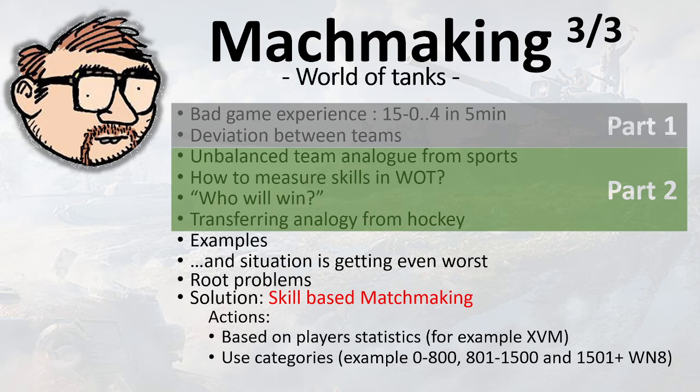Why is it so, what is the idea? The idea is that, for example, under the 800 value, the player is weak. His knowledge of this game is weak, and his skill level is weak, and it's fair that he will face the same level of players.